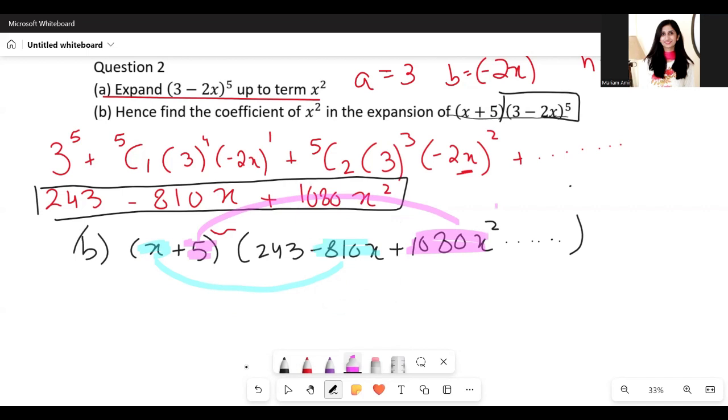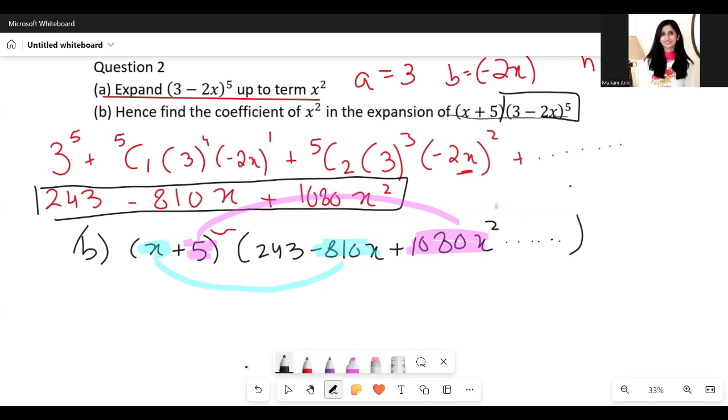So either you completely expand these two brackets, that's going to take a while, or you just intelligently look at which products are going to give you an x squared term and only multiply those. But if you find this confusing, you can completely expand it and then only choose the x squared.